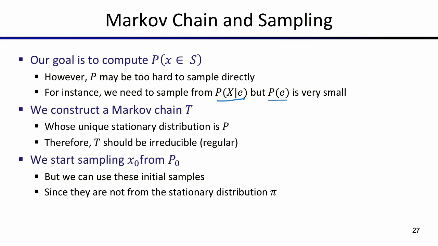Instead of sampling from this distribution here, I'm going to sample from a different distribution. And the distribution that I'm going to sample is the transition distribution specified by the Gibbs sampling algorithm. And we saw which distribution that is. It is the distribution of a certain variable x given all the other variables in the network instantiated.